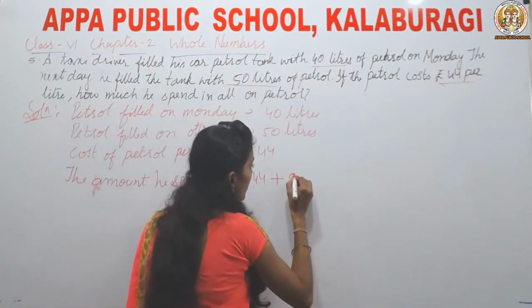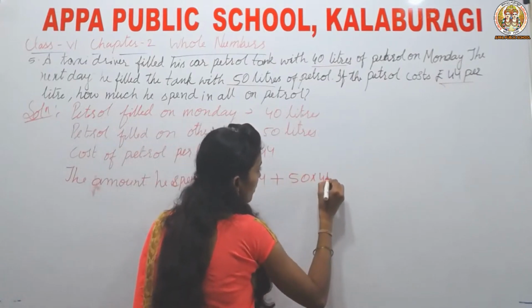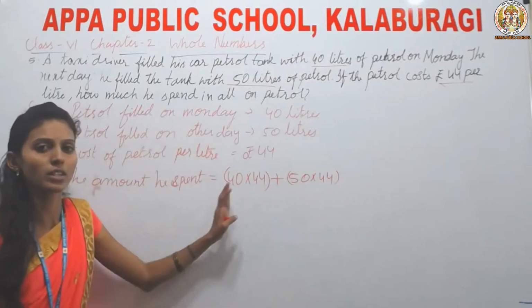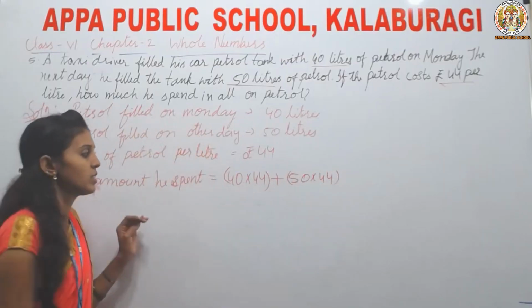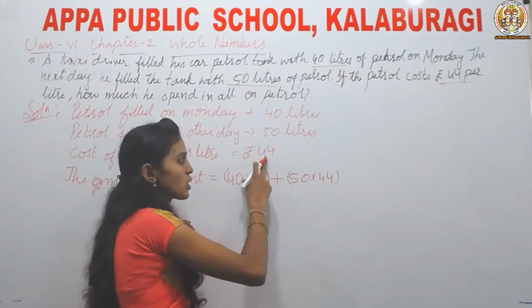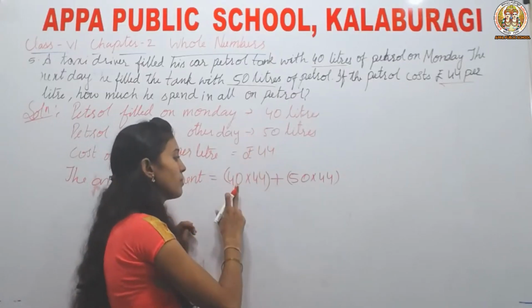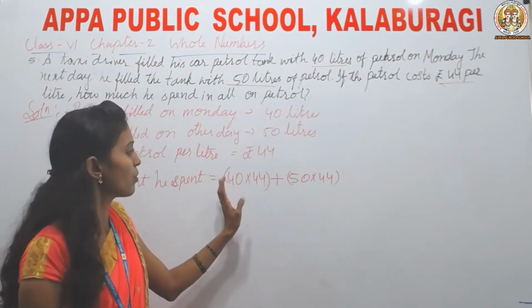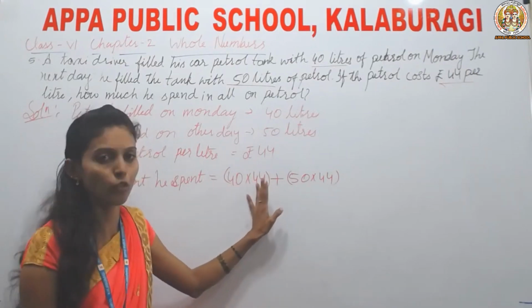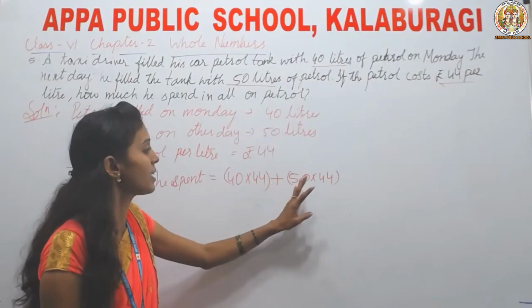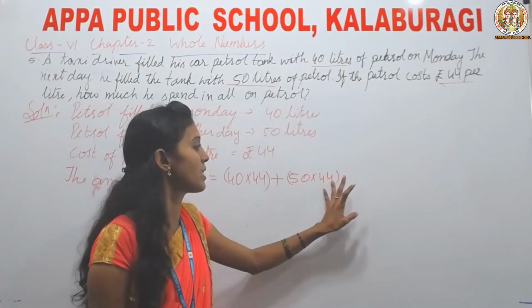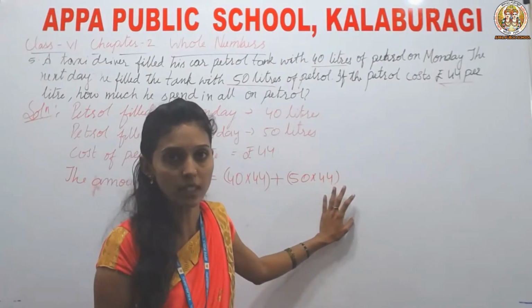On the other day he spent this much. Did you get this one? How did I write it? See, for 1 liter of petrol he has to pay 44 rupees. But on Monday he filled 40 liters of petrol. So for 40 liters he has to pay 40 into 44. And the other day he filled 50 liters. And for 50 liters he has to pay 44 rupees each, right?